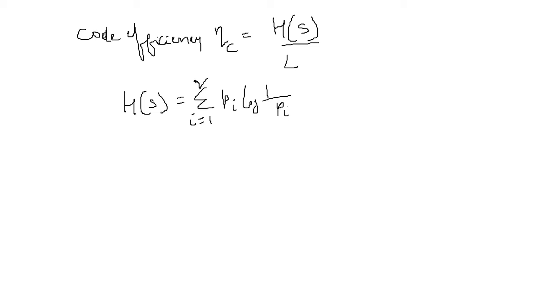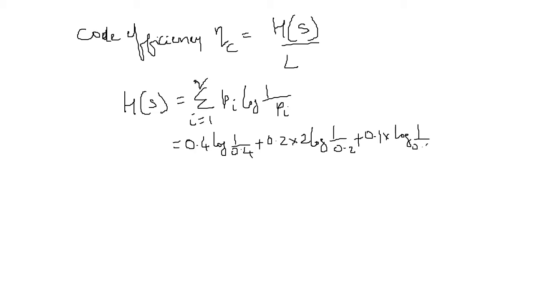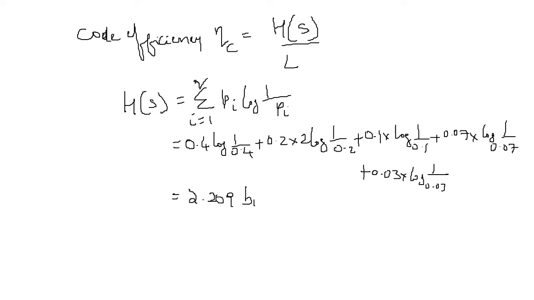Substitute the respective probability values: 0.4 log 1 by 0.4 plus 0.2 times 2 log 1 by 0.2 plus 0.1 log 1 by 0.1 plus 0.07 log 1 by 0.07 plus 0.03 log 1 by 0.03. So you get H(S) equal to 2.209 bits per symbol.